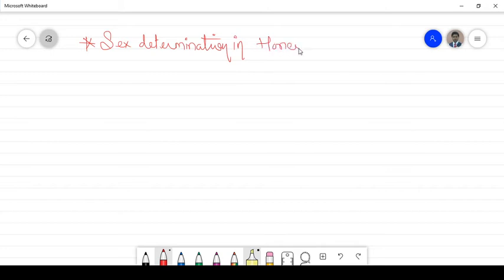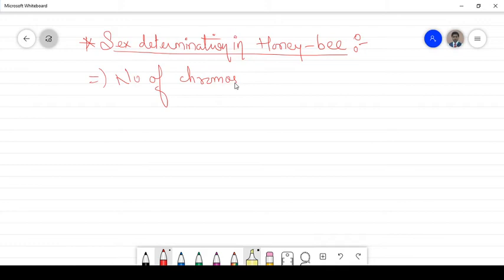Now, the next topic that we are going to study is sex determination in the honeybee. Sex determination in the honeybee is based on the number of chromosomes an individual receives.